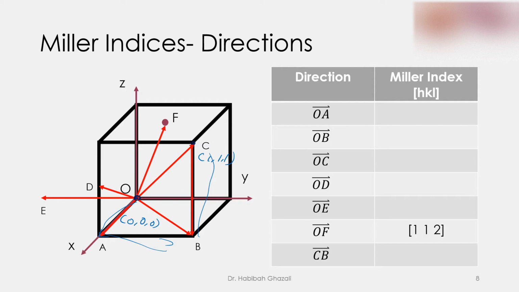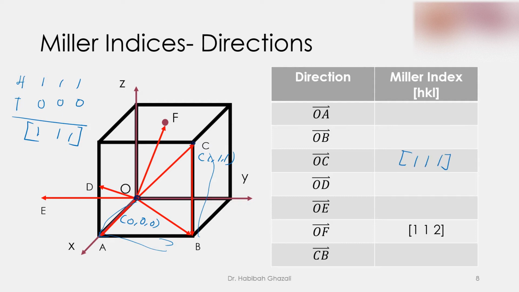Now you subtract the tail from the head. The head is 1, 1, 1. The tail is 0, 0, 0. So subtract them, 1, 1, 1. And since there is no fraction, you can straight away put it in the square bracket, and that is the Miller indices for that particular direction. So that's [1 1 1].